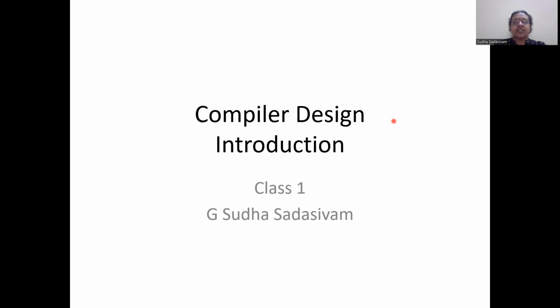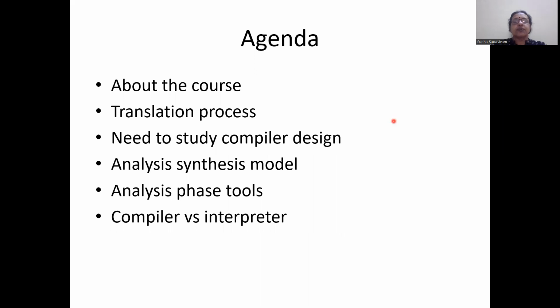The basic objective of this course is to help the students to learn about the data structures which can be used for the design of compilers. So the course is organized into various modules. This is the first module.